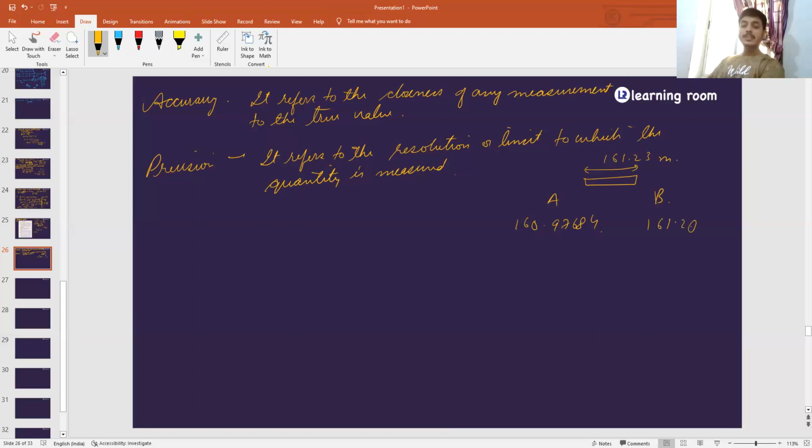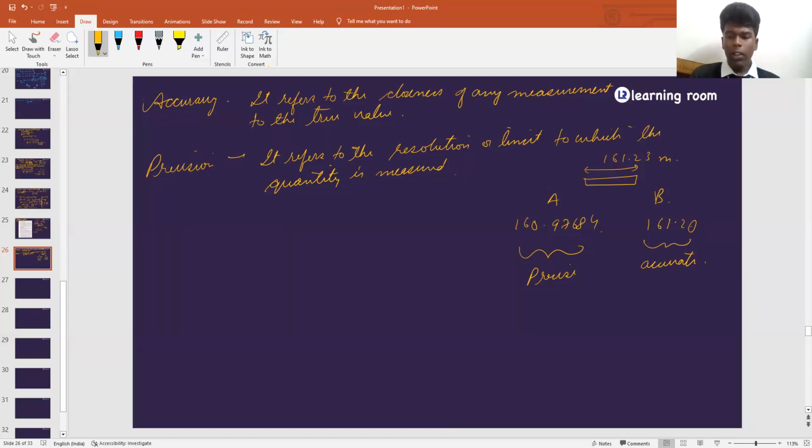So this is precise but not accurate, and this is accurate but not more precise than A. Sir, but accurate must be 161.23. I'm saying accuracy is nearness, and I'm comparing. I should write more accurate, then it'll be clearer. More precise, more accurate. Now it's correct. Understanding that?